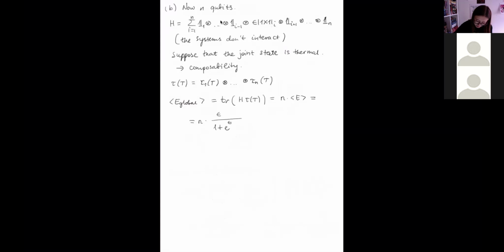We just insert it here, multiplied by n, and this is what we get. So this is the global energy of the global thermal state.